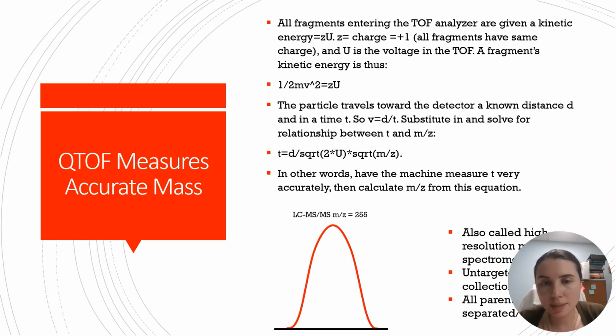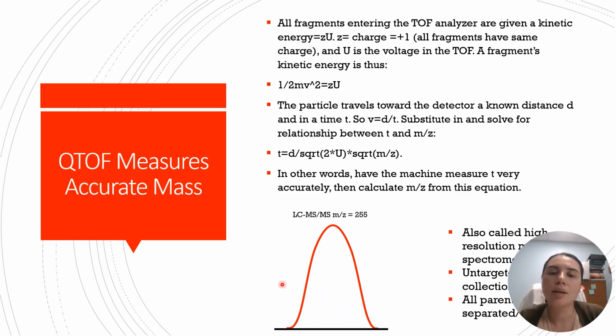And because of this increased resolution in mass separation, these types of detectors are called high resolution mass spectrometers or accurate mass spectrometers.